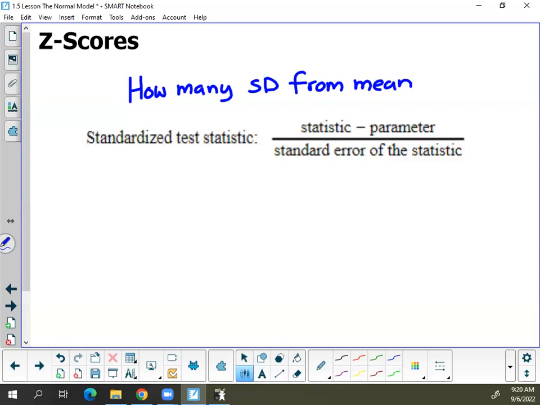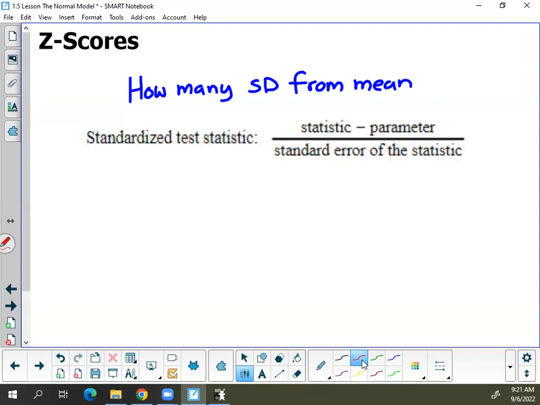And so what we can do is standardize data points from one data set and compare it to a standardized data point from another data set so that we can compare. The z-score tells us how far is this thing away from the mean? How far is this data point?